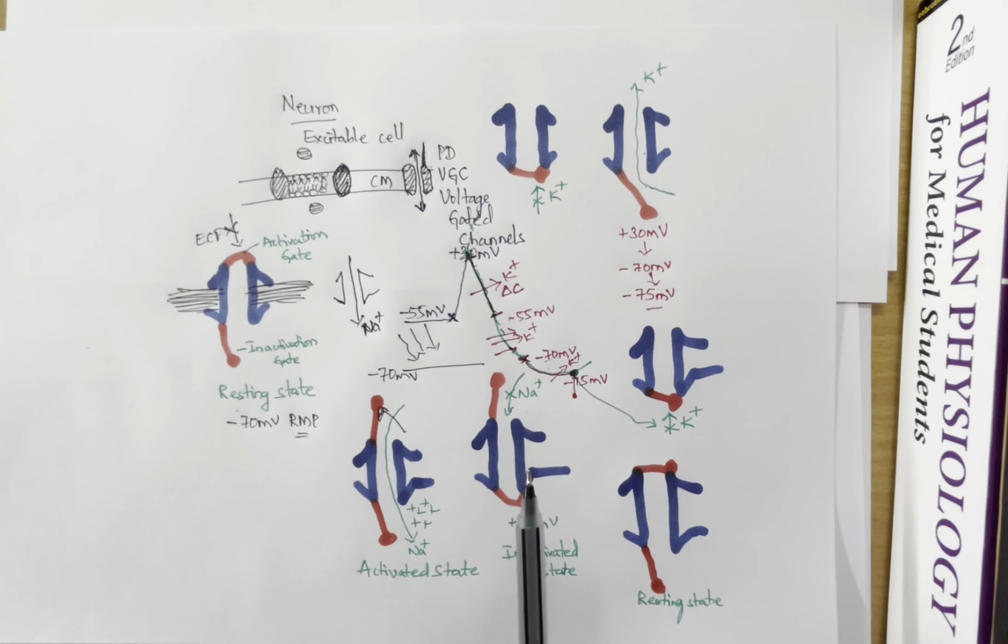So on application of the second stimulus, does the membrane respond by generating a second action potential? That is the question. In order to generate the second action potential, the membrane potential has to be restored to resting level.